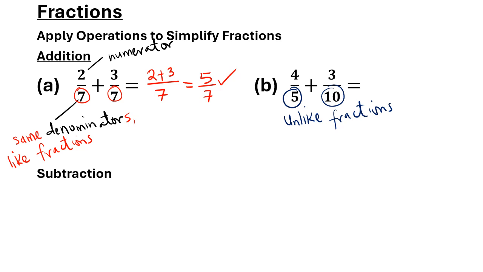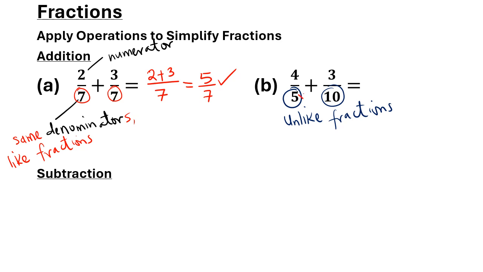All right, so we have 4 over 5. What we can do here is make sure that 5 and 10 become the same. You have to do something to 5 to grow it to become 10. I can multiply 5 times 2. Usually you do that by multiplication, not by addition.